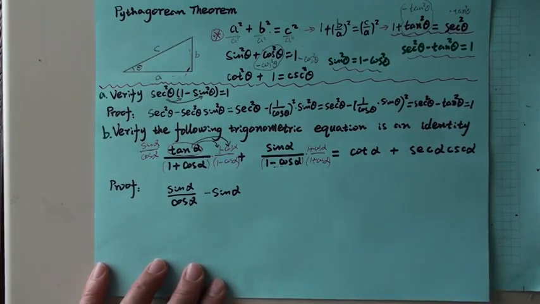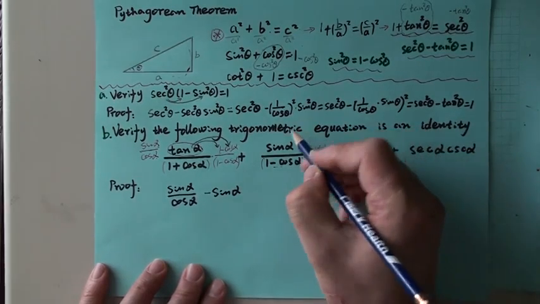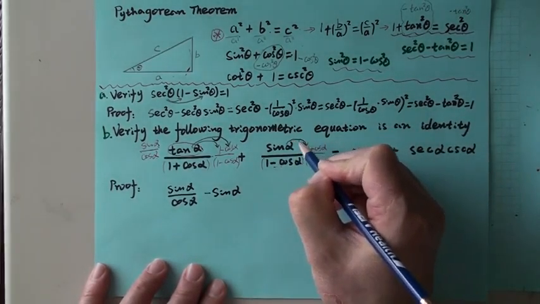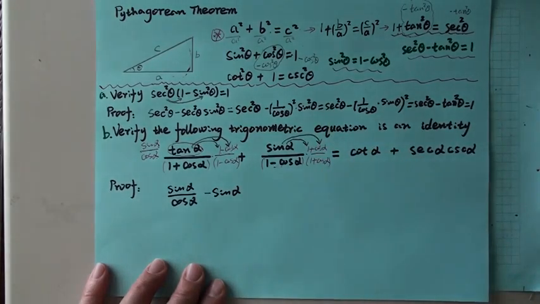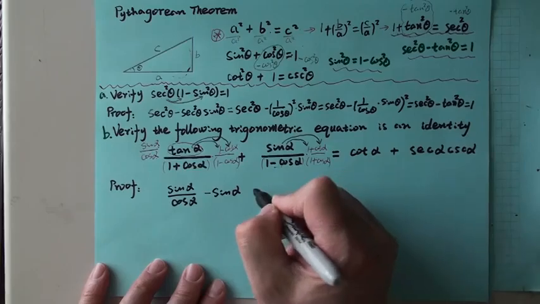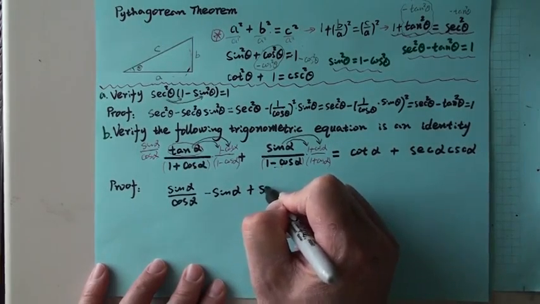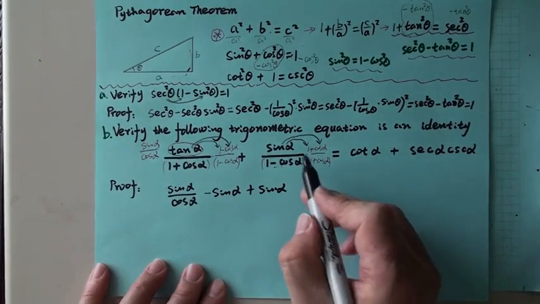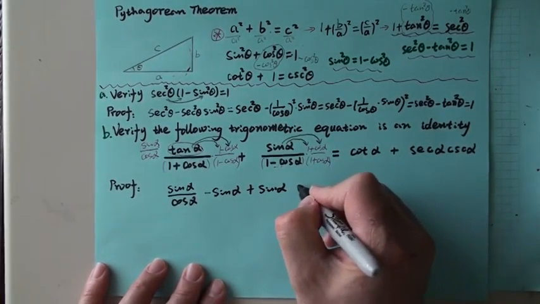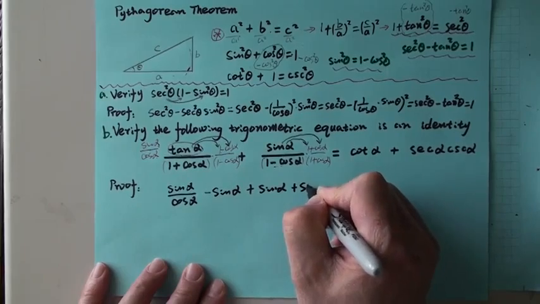You use the distributive property again. Now what do you get? You get sine alpha times 1, so it's still sine alpha, plus sine alpha times cosine alpha. That's fine.